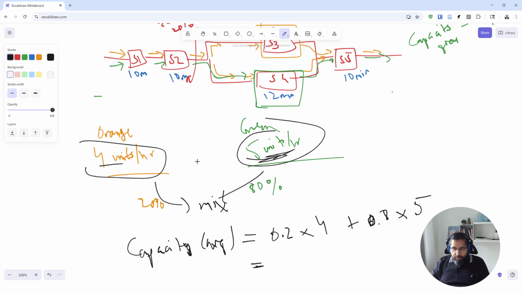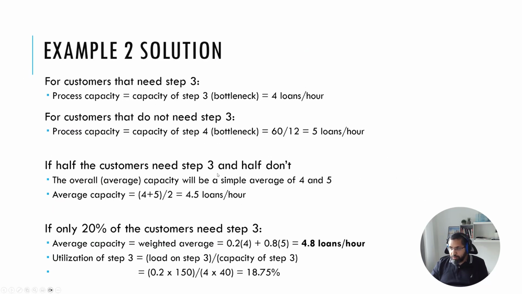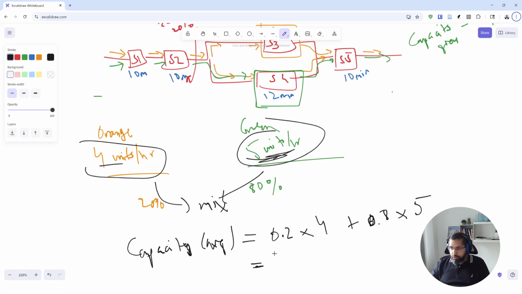Because I already did it on the slides, let's see what it comes out to. 0.2 times 4 plus 0.8 times 5, you get 4.8 loans per hour, or units per hour, because loan is our unit. So that's the weighted average.